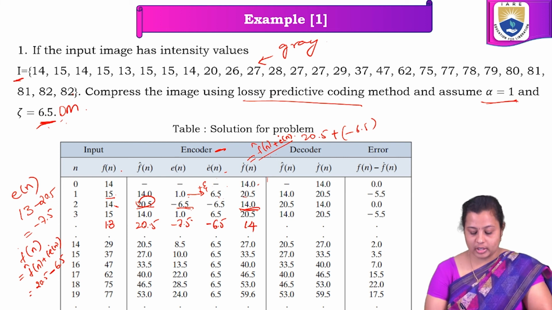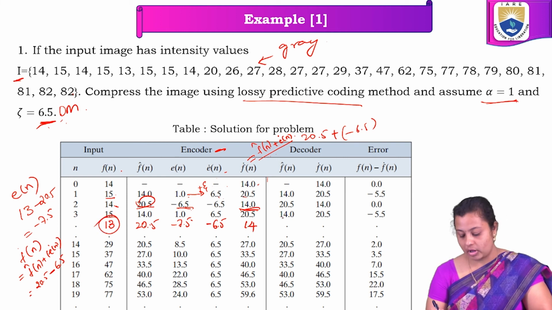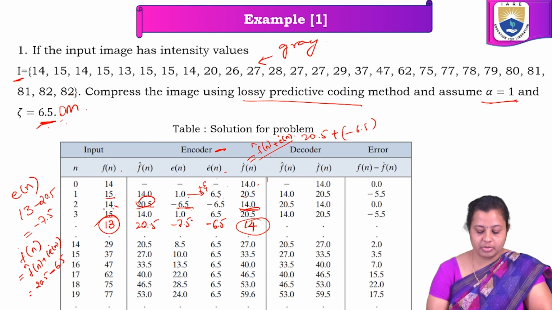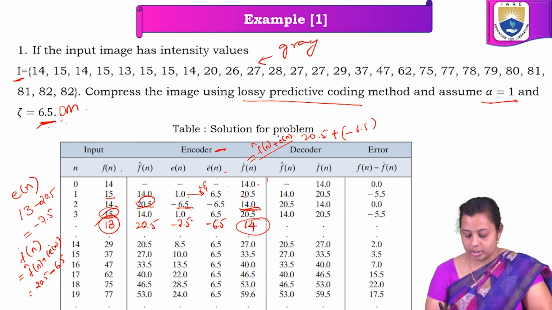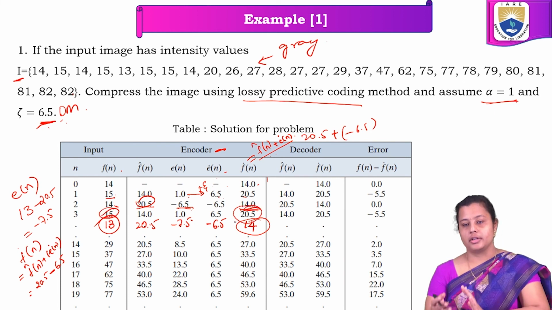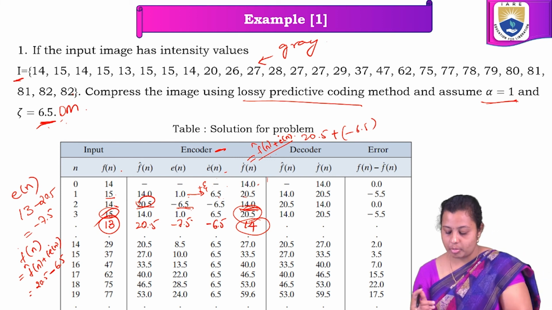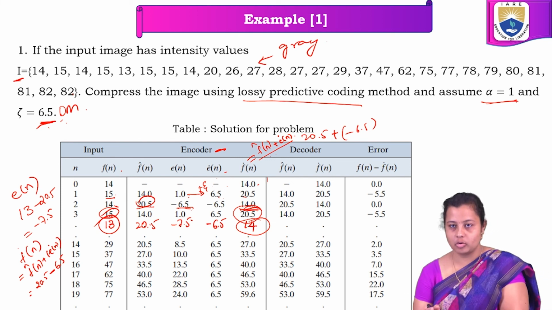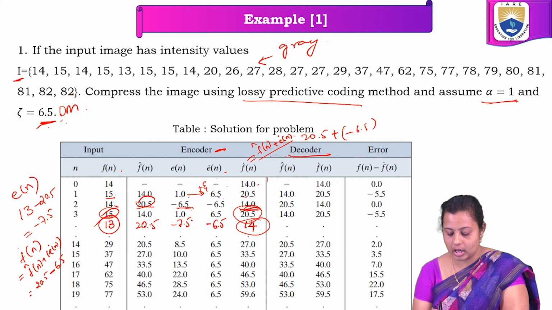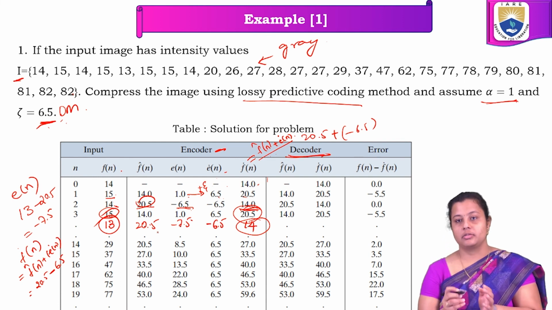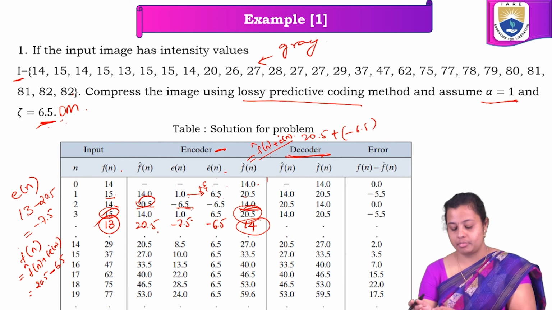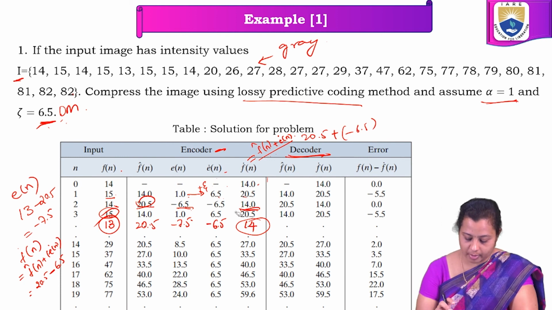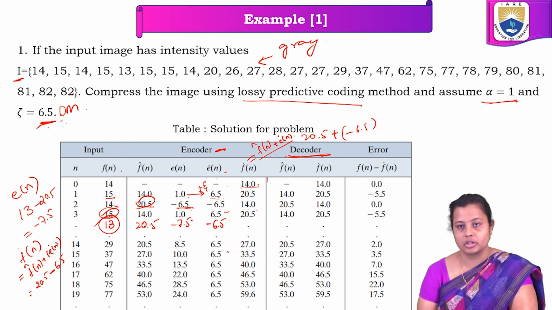So this actual input sequence is 13. We have predicted it to be 14. The previous 15 was given 20.5. So there are a lot of errors, right? Now let's go back and check how the decoder performed. We have got this sequence. The sequence now for the decoder part is the encoded f cap of predicted value, which is equal to 14, 6.5, minus 6.5, and so on and so forth.